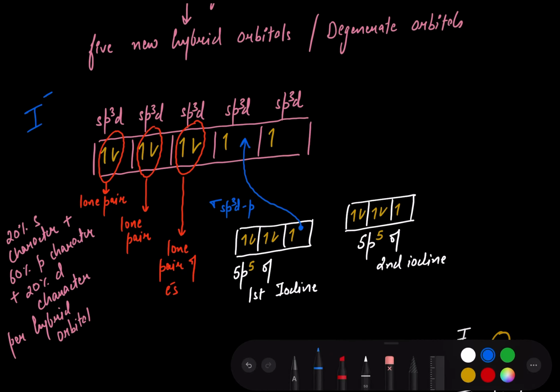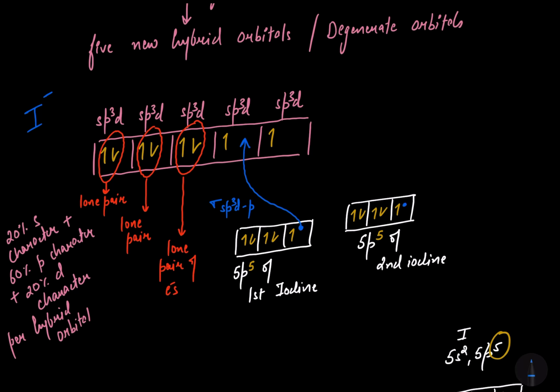Here we are again left with 1 atomic orbital which is having 1 electron, which is going to have head-on overlap with the sp3d hybrid orbital of iodide ion. So we got the sigma bond which will be named as sigma sp3d-p. Why so? Because again this sigma bond has been formed by head-on overlap of sp3d hybrid orbital of iodide ion with the p orbital of the another iodine. So that's all about the hybridization of the tri-iodide ion.